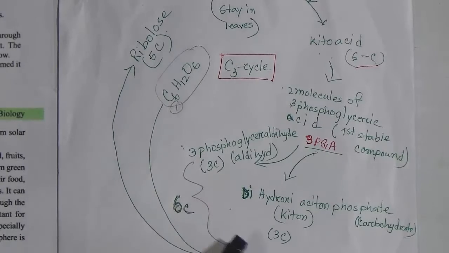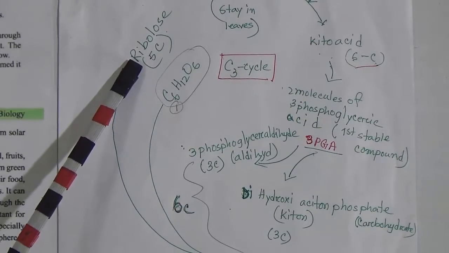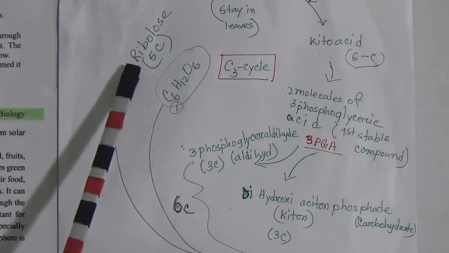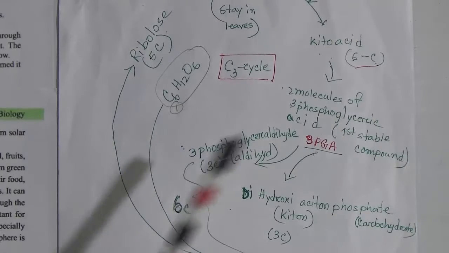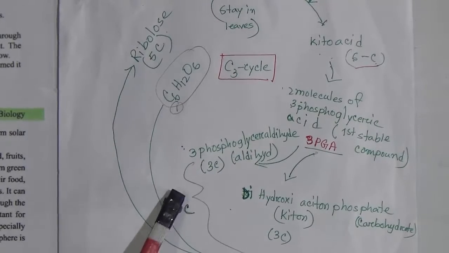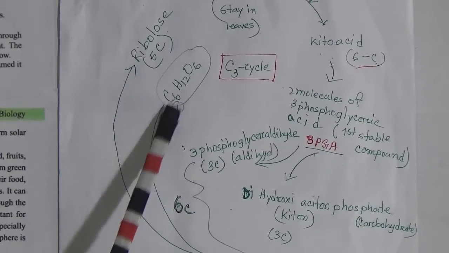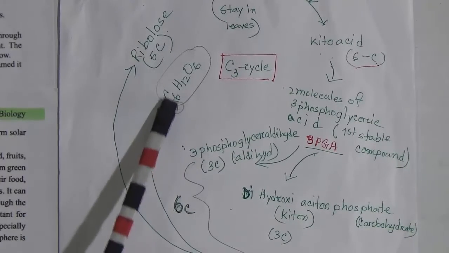But here is the question: here is 6 carbon, but in ribulose there is 5 carbon. So 5 plus 6 would be 11, but that is not possible because we have only 6 carbon. That means we have only 1 carbon left over here, and we will store 1 carbon.